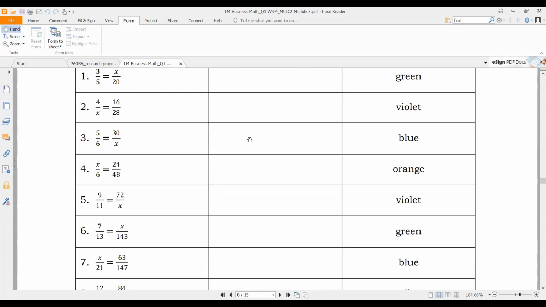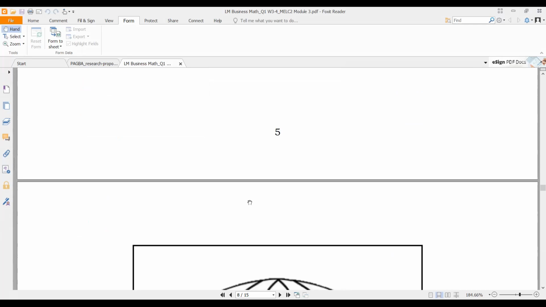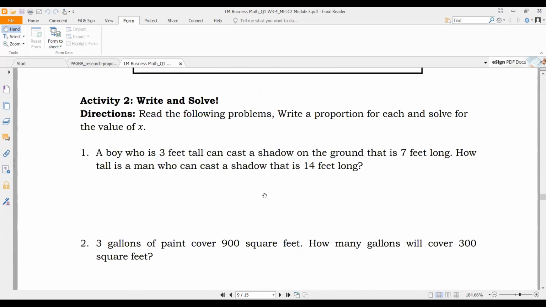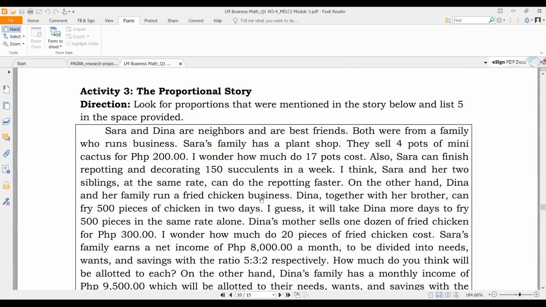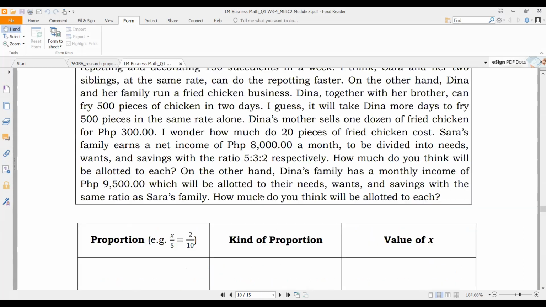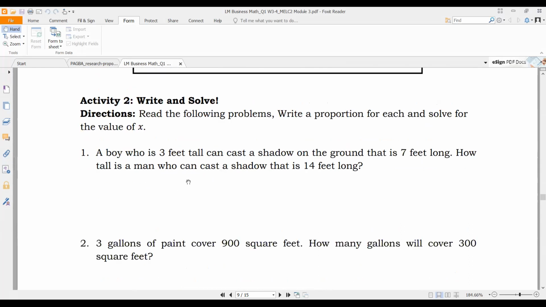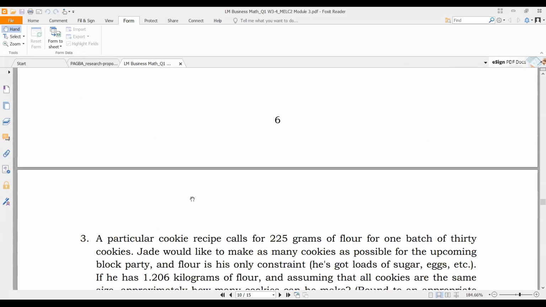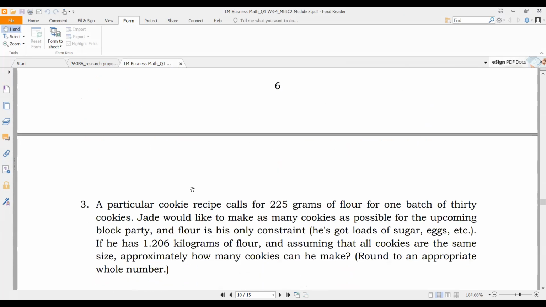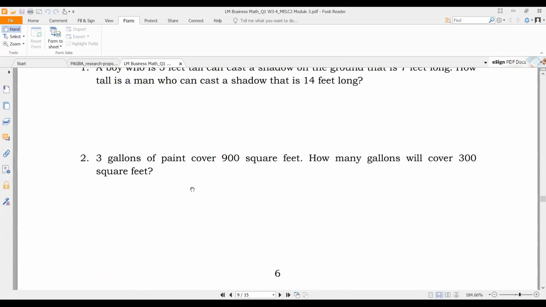Pero nung sa pangalawang pinagawa ko, babaguhin ko po, hindi na po yung pangatlo kasi masyadong marami pala yun. Ang paggagawa ko na lang po sa inyo ay yung activity 2, which is isang direct, isang indirect, at saka isang partitative na pagsosolve.